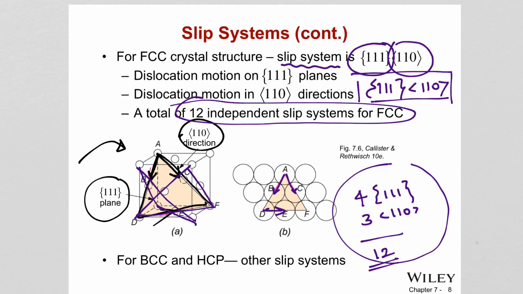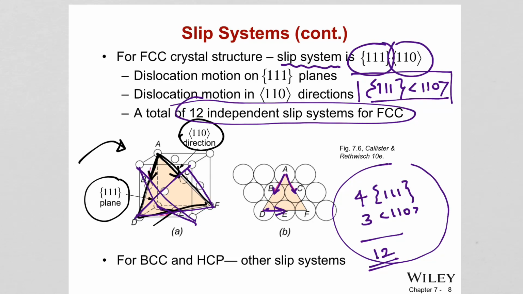And you also saw that just one slip plane can have more than one slip direction. Therefore, several slip systems exist in a particular crystal structure.